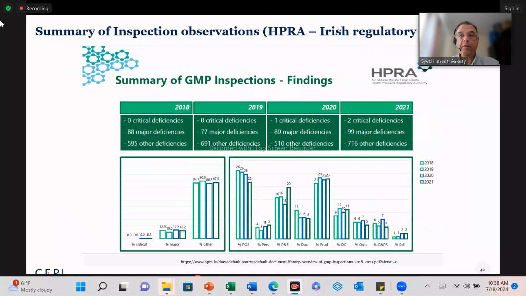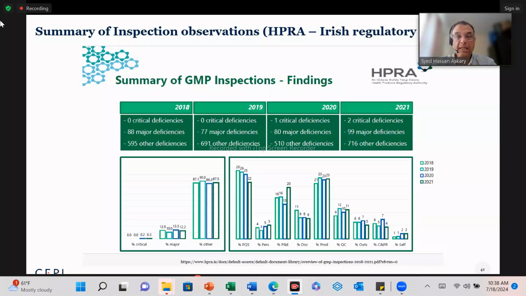So the Irish regulatory agency shared their summary of GMP inspections, and you can see that in 2021 there were 99 major deficiencies and 716 other deficiencies. Major deficiencies are basically deficiencies in the quality systems, non-compliant GMP issues.